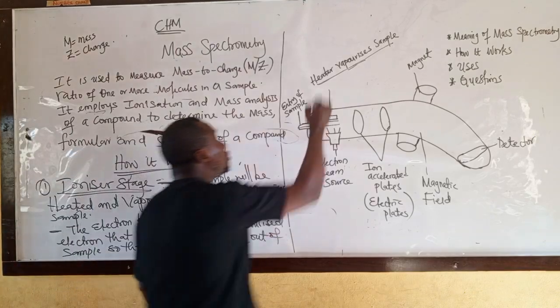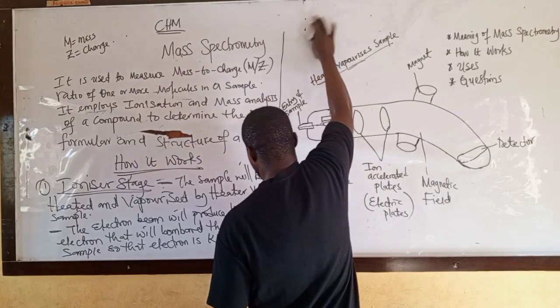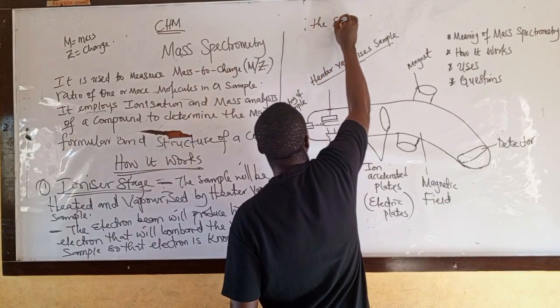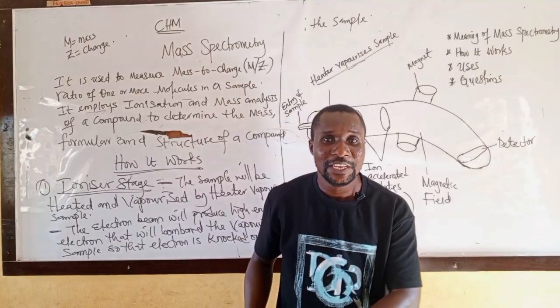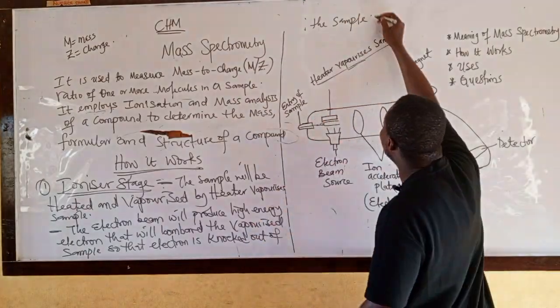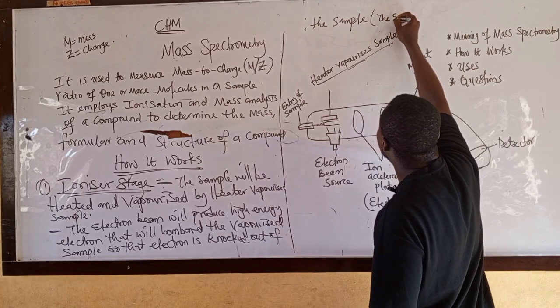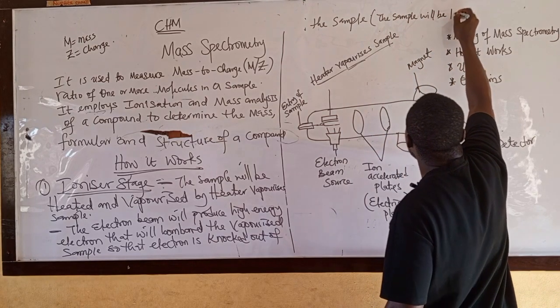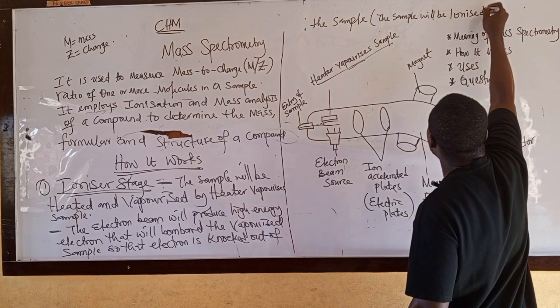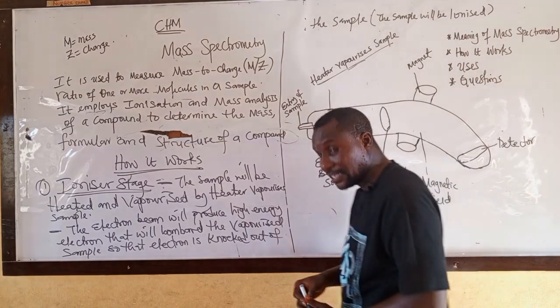Then, when an electron is knocked out of the sample, the sample will be ionized. That is it.